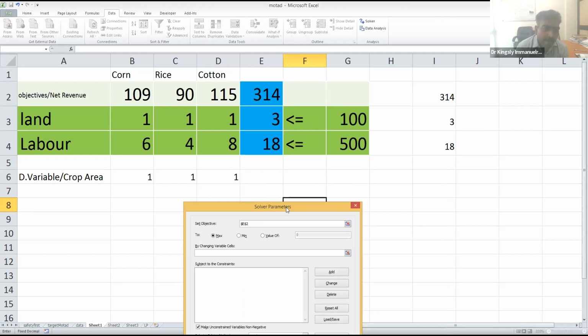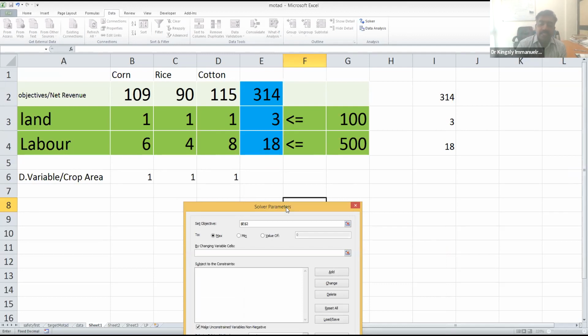You see that our decision variable is the changing variable cell. If you put different values in place of the 1 we have kept in the decision variable, your objective value will change. If there is a small calculation, you can allocate some figure randomly to the decision variable and the value will come.